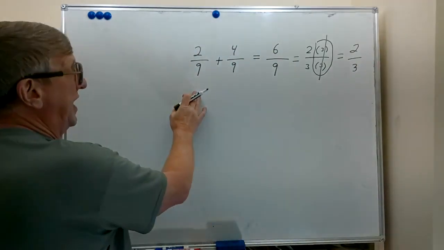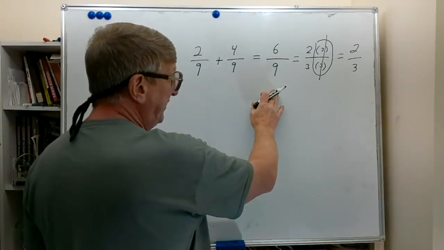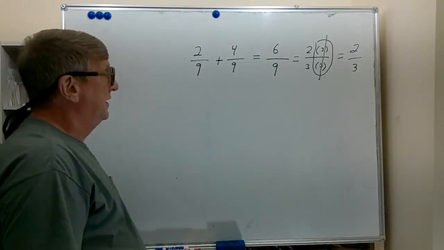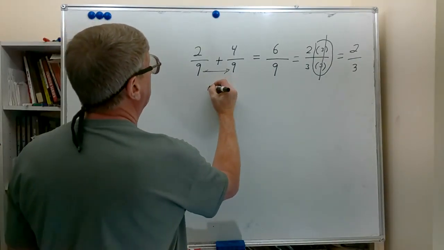So when we added 2 ninths to 4 ninths, we ended up with 6 ninths. We reduced that to an equivalent fraction of 2/3. And the real important thing here is that the denominators must be the same.